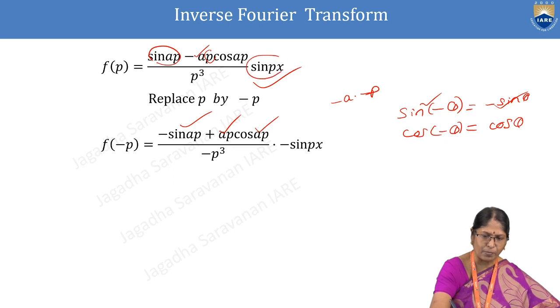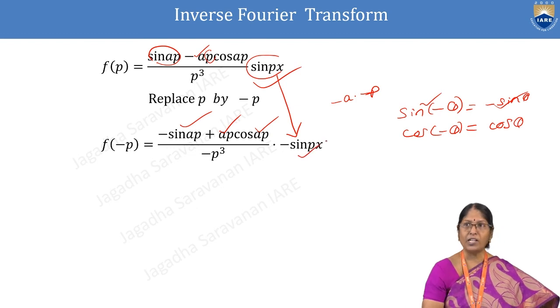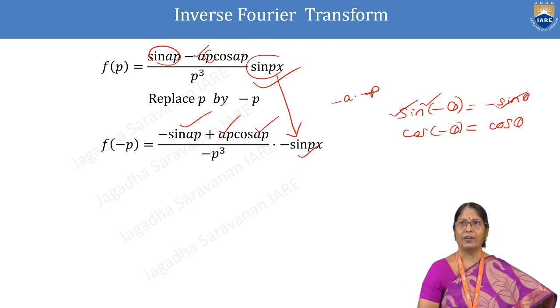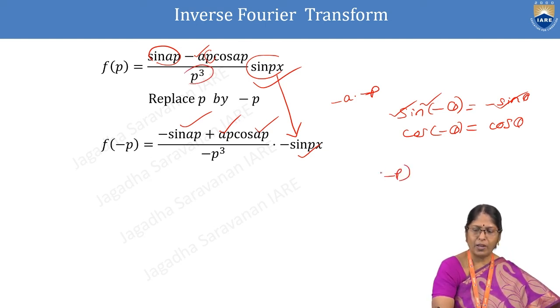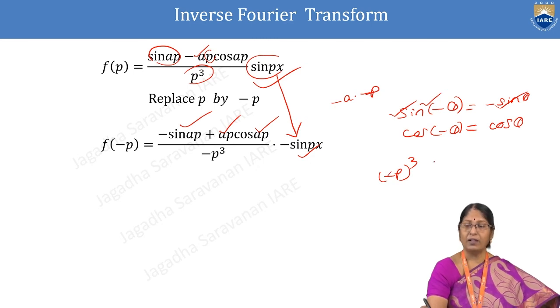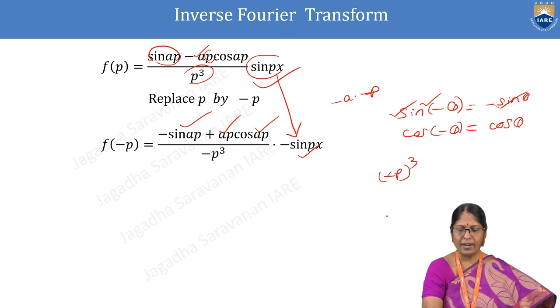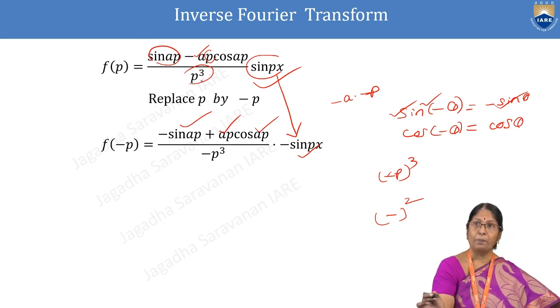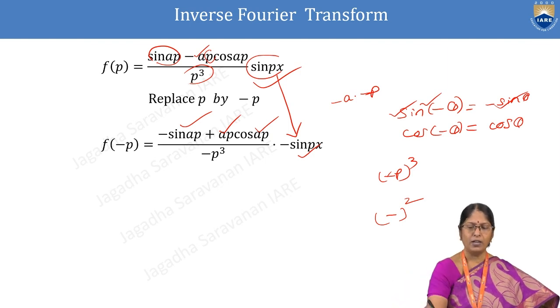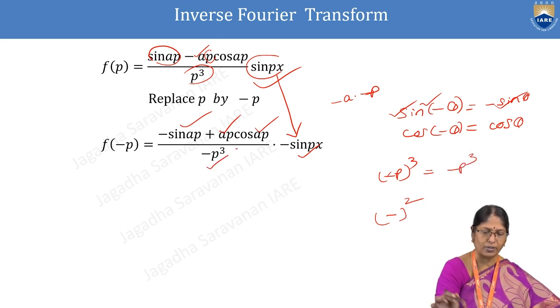Here sin px becomes minus sin px because of this formula. Divided by p cube, we know minus p cube: a negative sign to any odd power is compulsorily negative, and to any even power it becomes positive. So minus p the whole cube is nothing but minus p cube. That's what is written here.